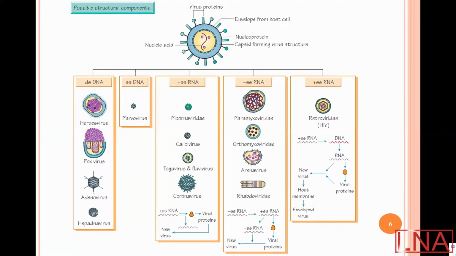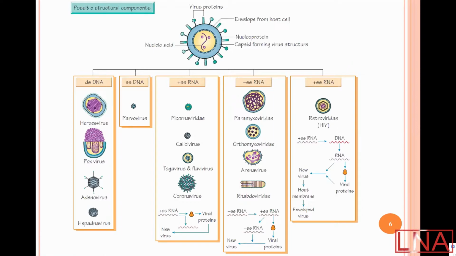And later here you can observe 5 columns. dsDNA means double-strand DNA, ssDNA single-strand DNA, plus single-strand RNA, minus ssRNA, and one more time plus single-strand RNA but another type.